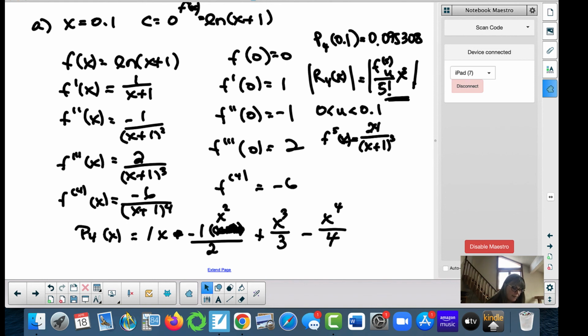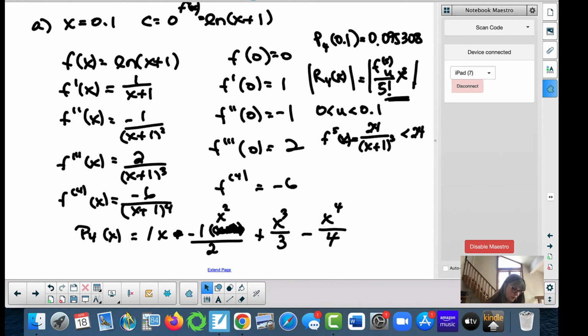Well, that is less than 24, because if I plug 0.1 in here, I'm going to get a number smaller than 24. So that's what we can plug in for our f right here of u.